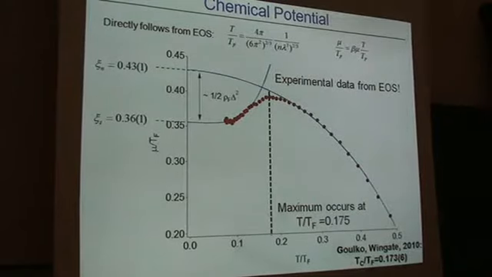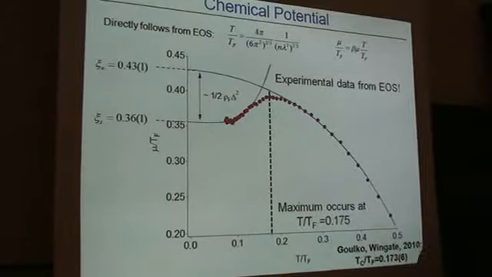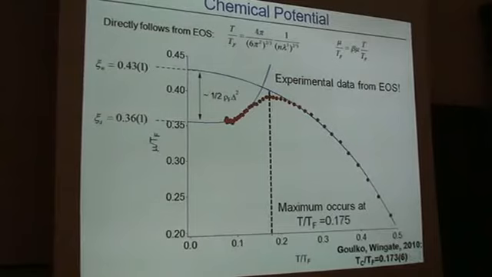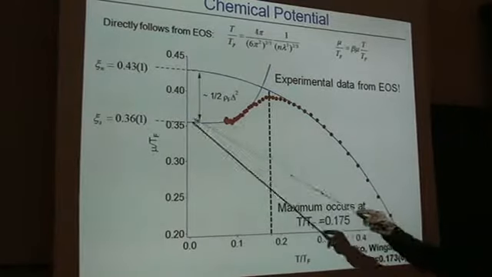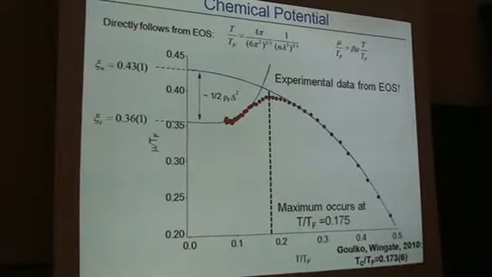If we try to fit our data with the expected phonon T to the 4 behavior, then we can extrapolate to zero temperature and say, okay, so this looks like 0.36 or so might be the energy at zero temperature.